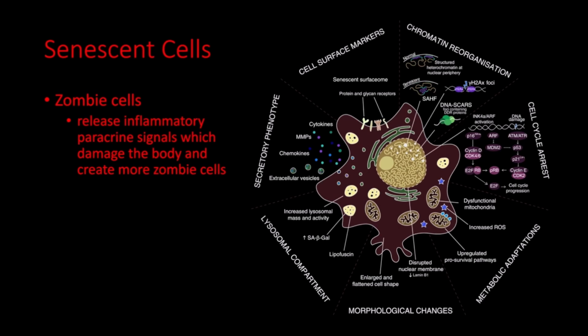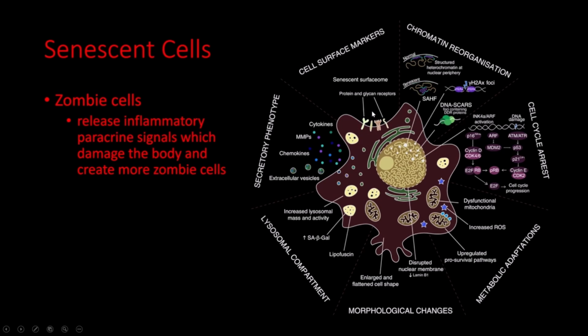That's why arthritis is so common in old people. Some of the other things that you see in senescent cells, you can look up senescence-associated secretory phenotype. It'll have even more examples of what I'm talking about.